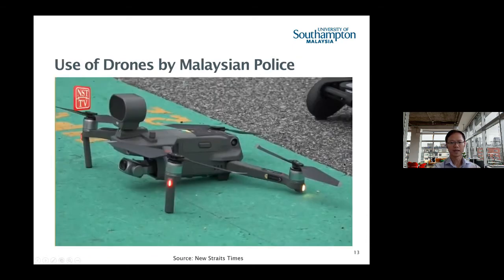Okay, and closer to the Malaysia campus, we also have the Malaysian police putting drones to good use. And once again, this is pandemic related because we want to make sure that people are not crowding together. And what the police can do is they can keep tabs on people, but also broadcast public safety announcements just to make sure that people are abiding by all the safety guidelines.